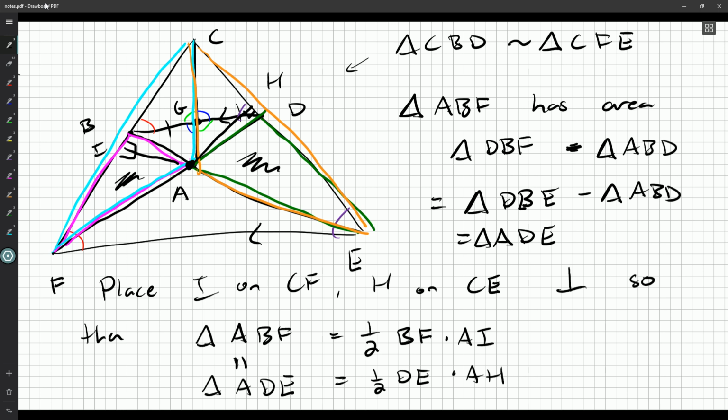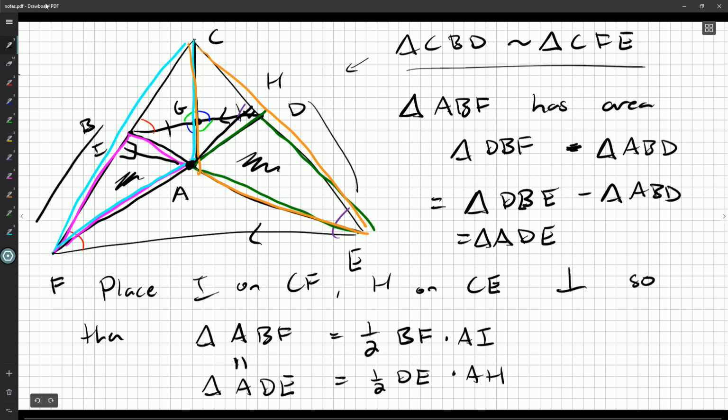Is that the best idea? BFDE, these are sort of the extensions for this triangle, or this sort of similarity. So they should be similar to... Oh, I can show that this triangle and this triangle have the same area, I think.